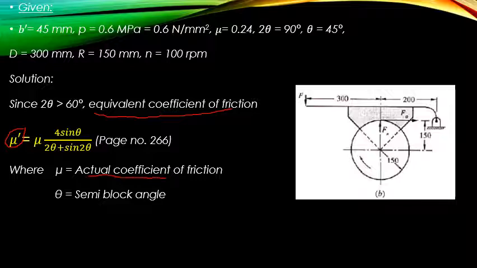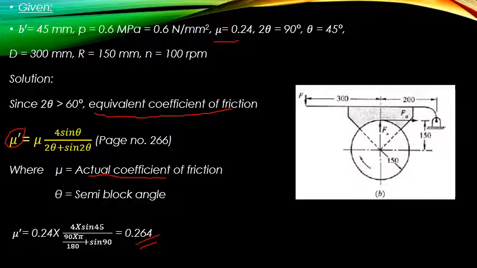Substituting the values of mu, that is given as 0.24 in the problem, and theta, we get the value of mu dash as 0.264.